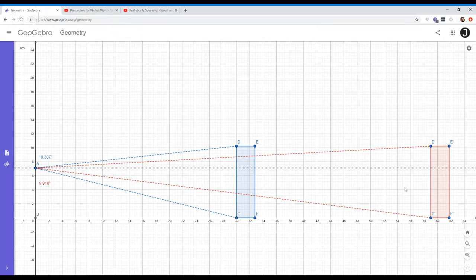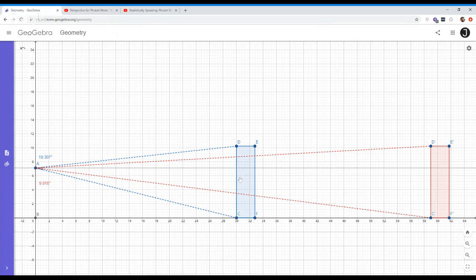Both of these objects are the same height. Both of them are 10 1/4 inches tall. The closer one is 30 inches away from the camera. The further one is an additional 29 inches beyond that, not beyond the edge of this, but from this 30. So this one is 59 inches away, and this one is 30 inches away.